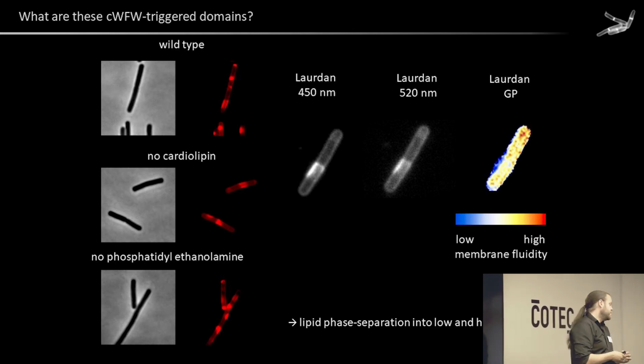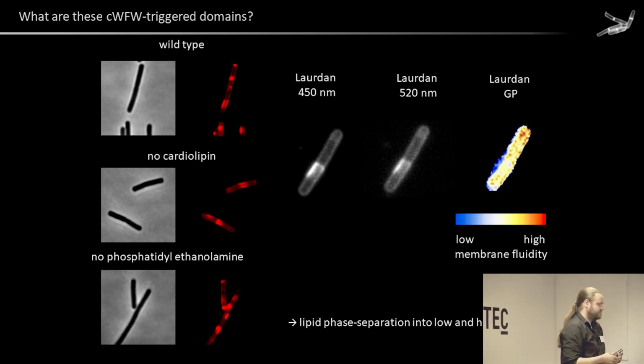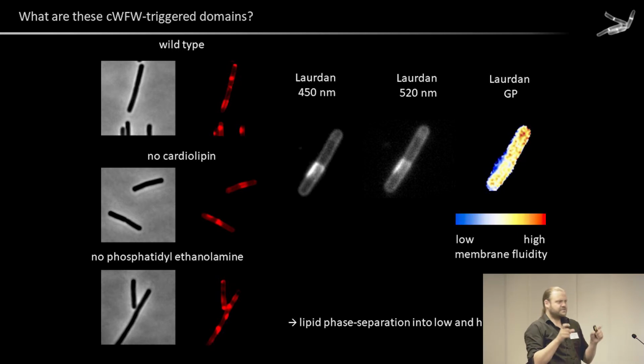Another common question, which really originates from biophysical work with cationic antimicrobial peptides, is demixing of the membrane into anionic and zwitterionic lipids. This is something commonly seen with cationic peptides when they are mixed with liposomes composed of zwitterionic lipids like PE and anionic lipids like PG, that they somehow demix.